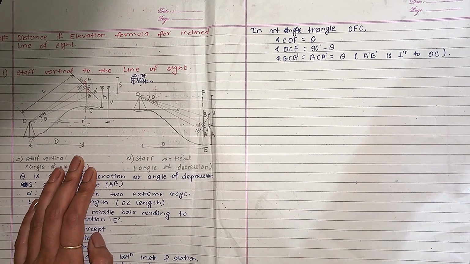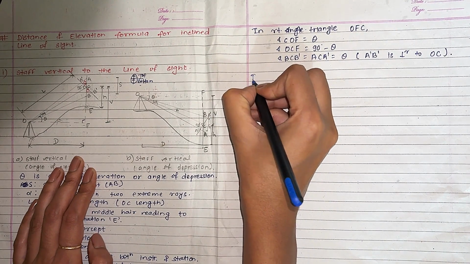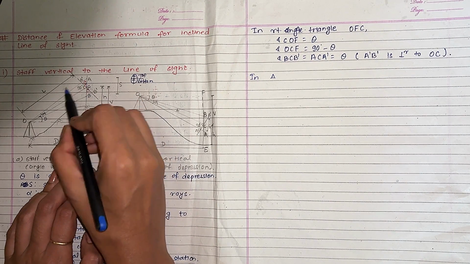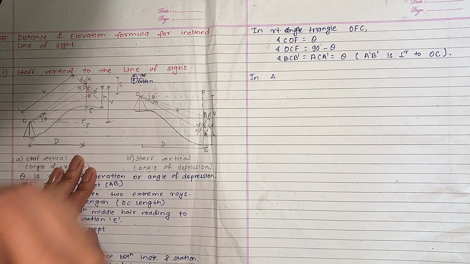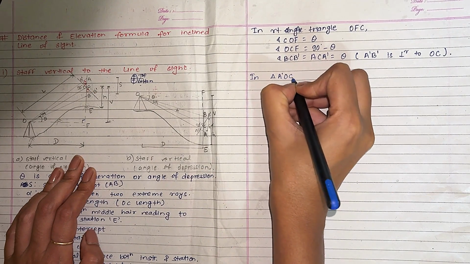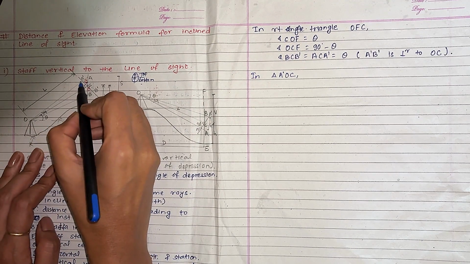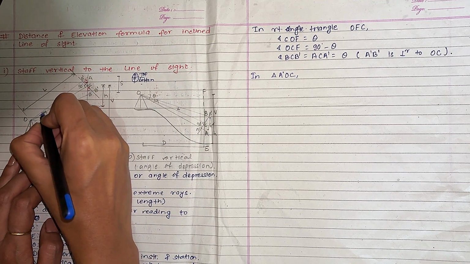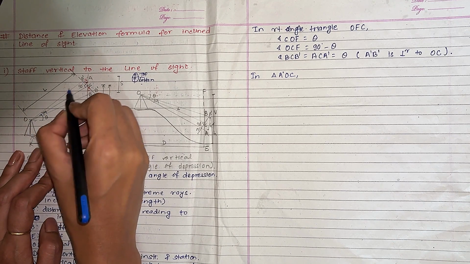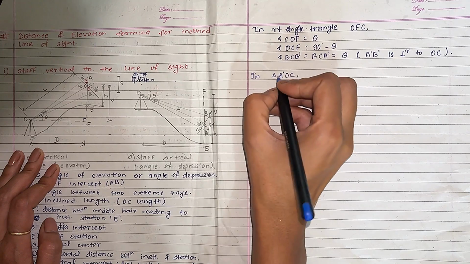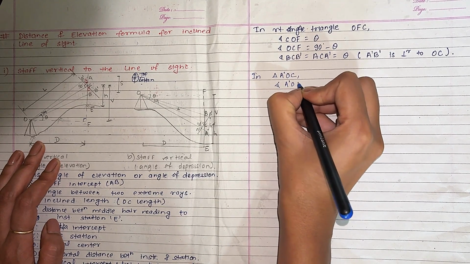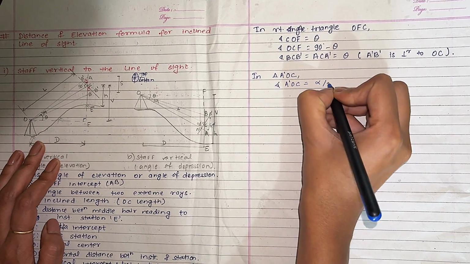So now in triangle A dash OC, this total angle A dash OB is alpha, so this half will be alpha by 2. So angle A dash OC is equal to alpha by 2.